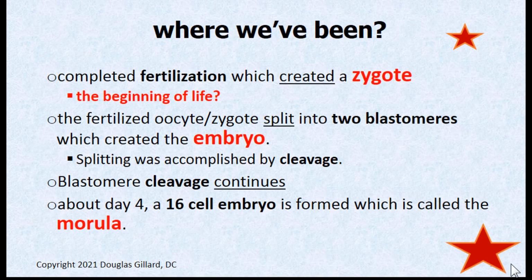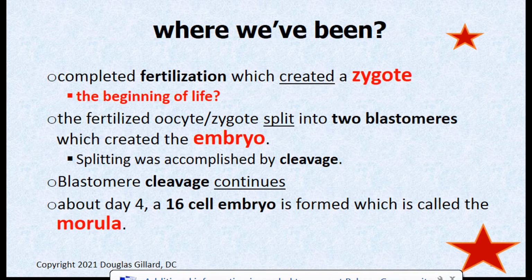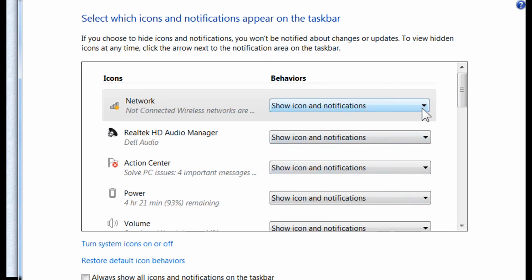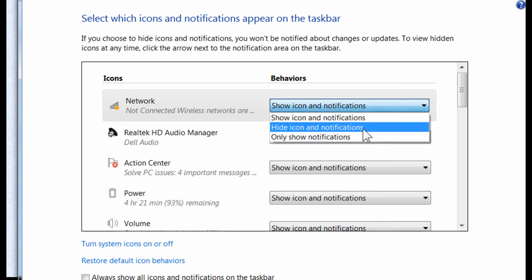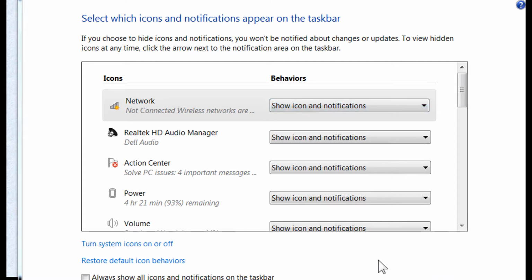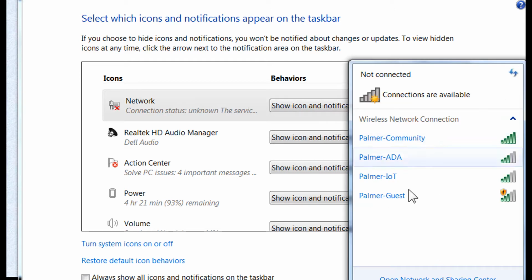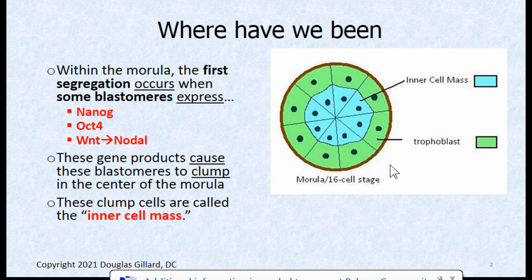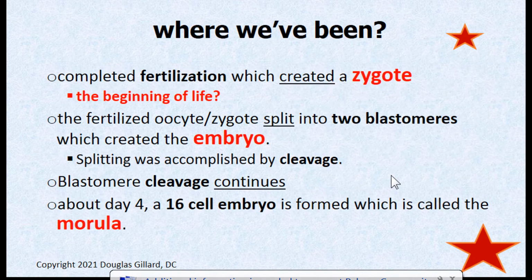Gosh, it's like a virus or something, the Palmer Connect thing. Hide. My God. I refuse to connect to it. Well, I guess we're going to have to live with that thing.